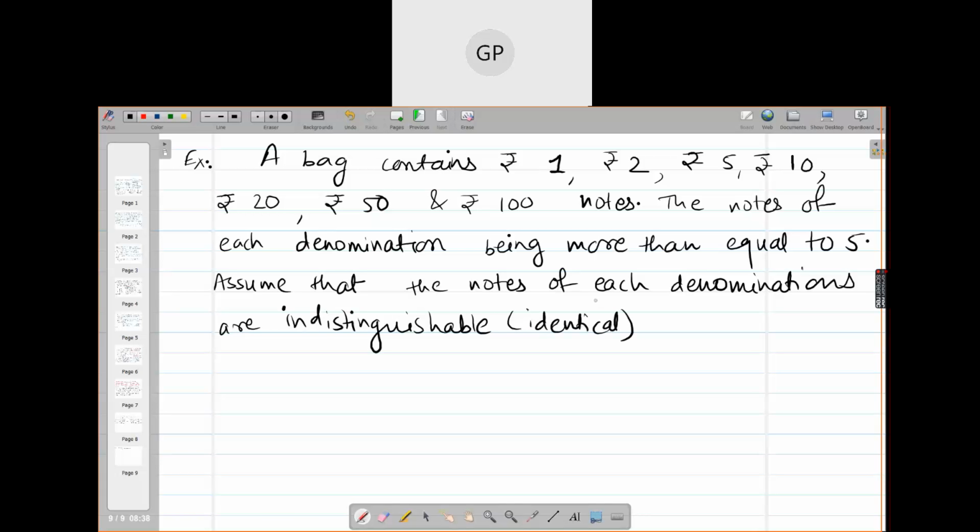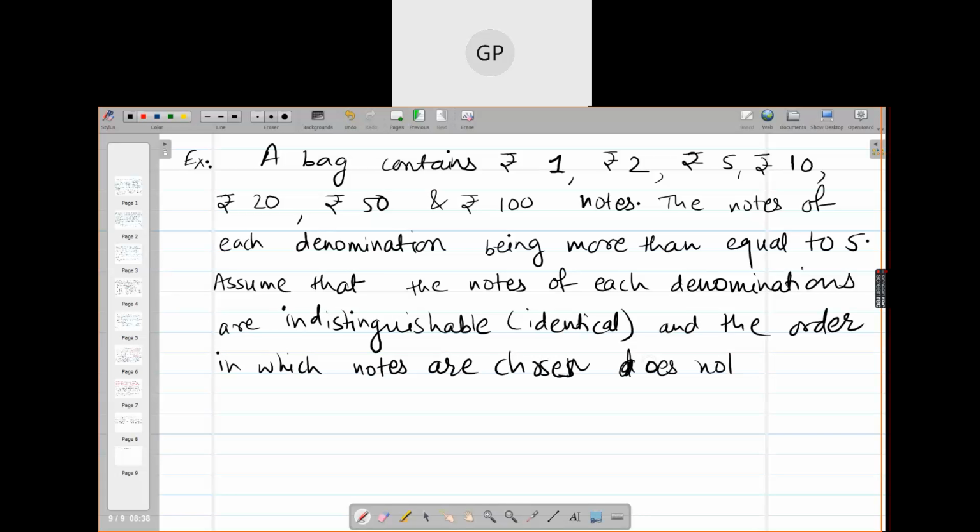We are treating them as indistinguishable, and the order in which the notes are chosen does not matter. That means it is an unordered sample, okay?